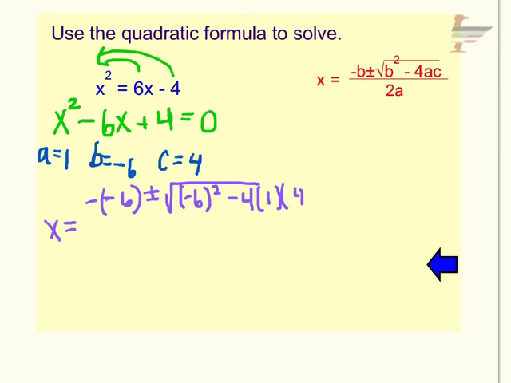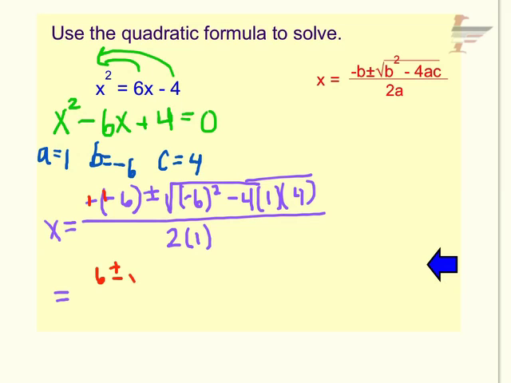A is 1, c is 4, all over 2 times a, which is 1. Now when we go to simplify this, our negative 6 does become a positive 6, plus or minus the square root of. Now I always suggest we figure out what's underneath here, kind of off to the side.